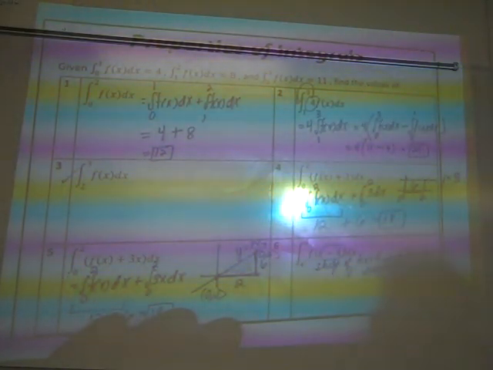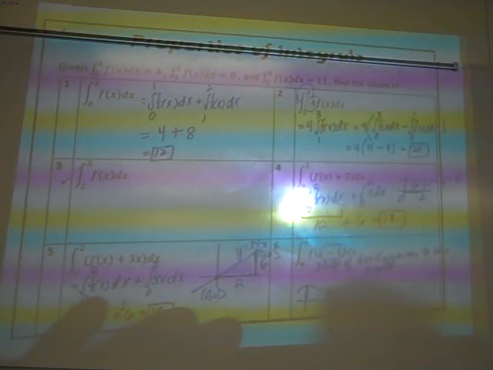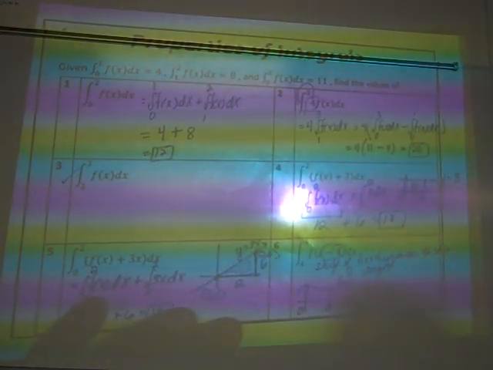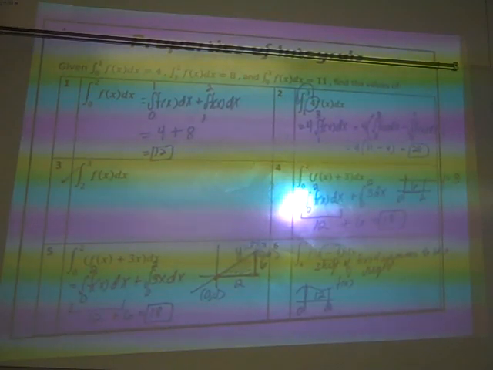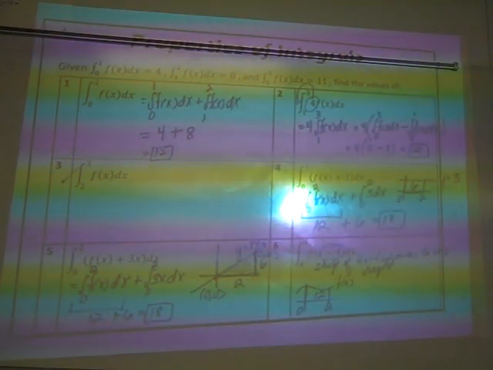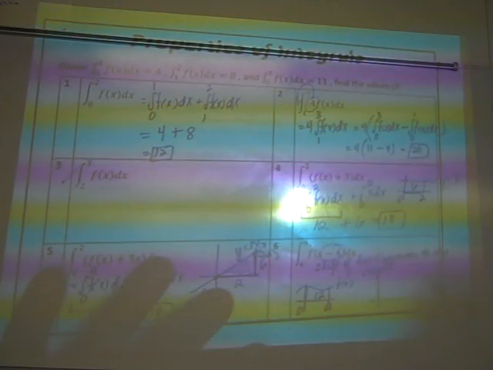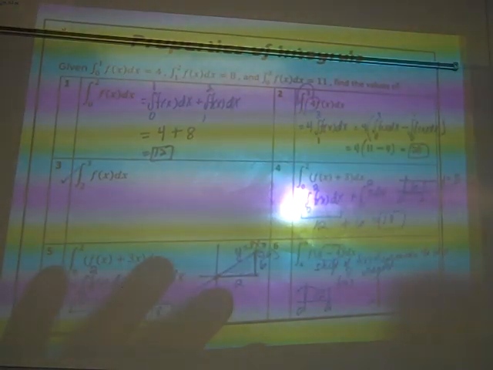Well, I don't know what f of x is, but I do know that the area from 0 to 2 of f of x dx, we figured out earlier, is 12. The graph of f of x minus 4 would just mean to take that whole graph that we were just looking at and shift it 4 spaces to the right.